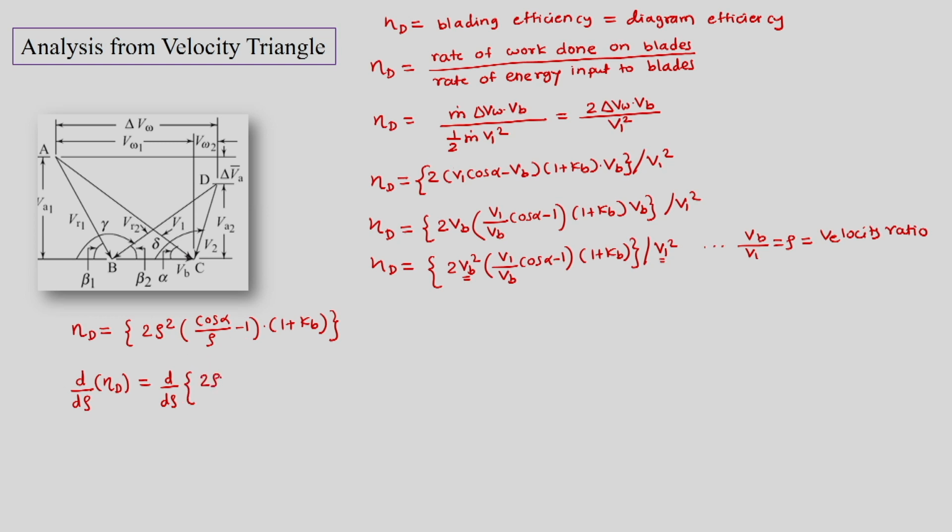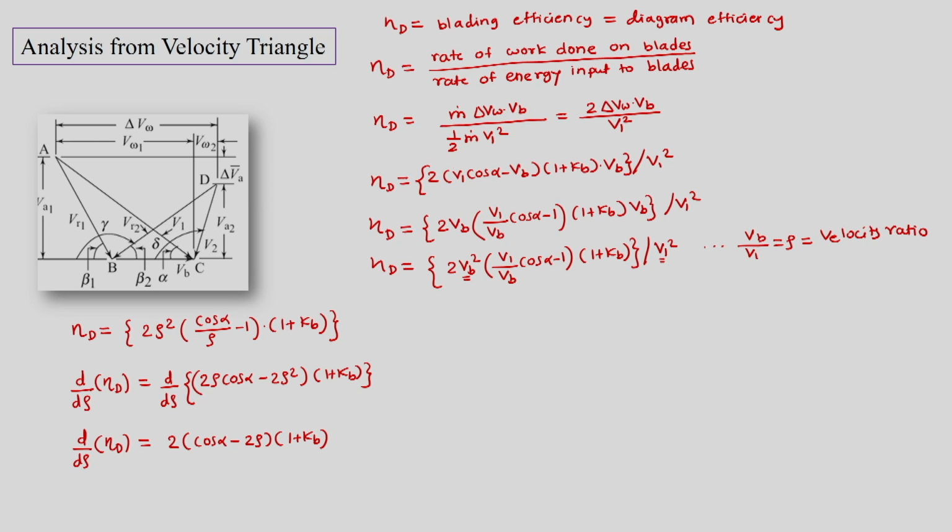So, we have twice rho cos alpha minus rho square minus twice rho square into 1 plus KB, and then we can differentiate d by d rho diagram efficiency is equal to 2 into cos alpha minus 2 rho into 1 plus KB.